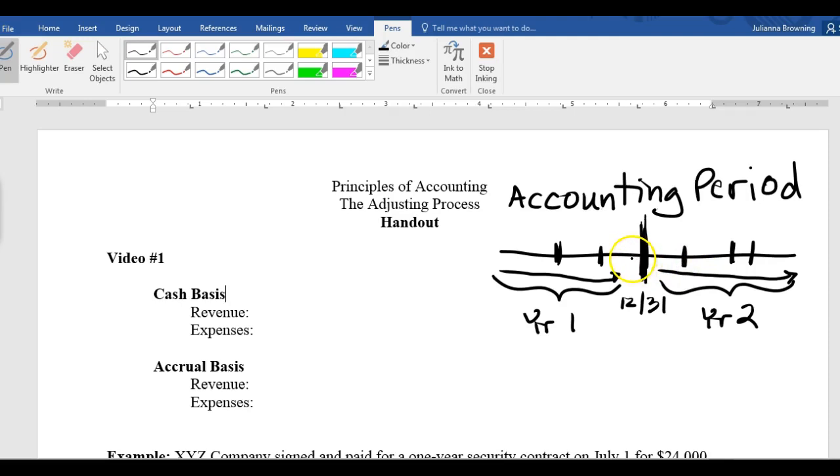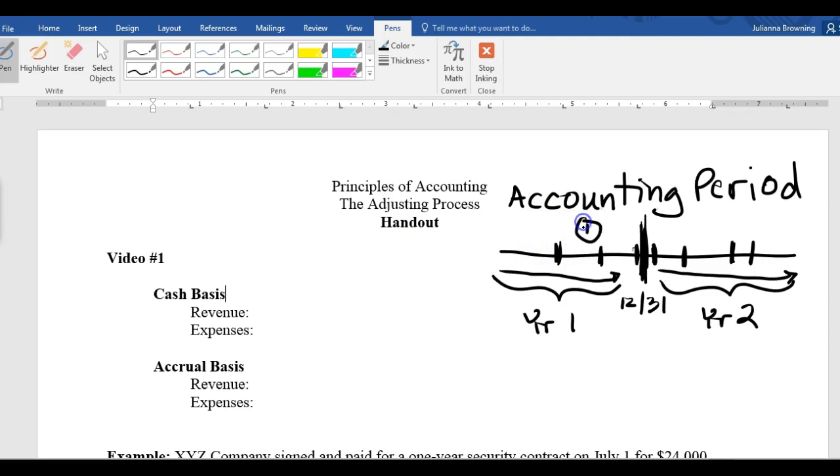But what if we run into the situation where we have a transaction where we enter into an agreement on December 30th for something that's going to be delivered on January 2nd? So that becomes a little less clear. So when that occurs, we need to use our accounting understanding along with the terms and agreements made with that transaction to know which time period it goes into.